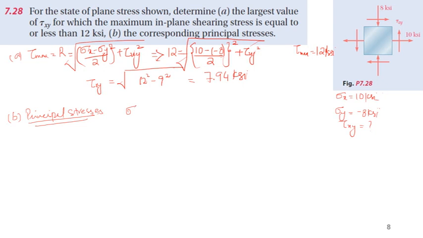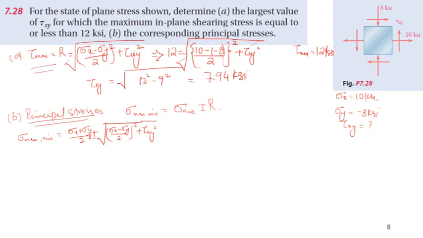And we know that sigma maximum and minimum is equal to sigma average plus minus radius. Sigma maximum and minimum is sigma x plus sigma y divided by 2, plus minus the square root of ((sigma x minus sigma y) divided by 2) whole squared plus tau xy squared. Now, in this case, if you put the value of tau xy, it will come back to 12 ksi, right? So that is equal to the radius.